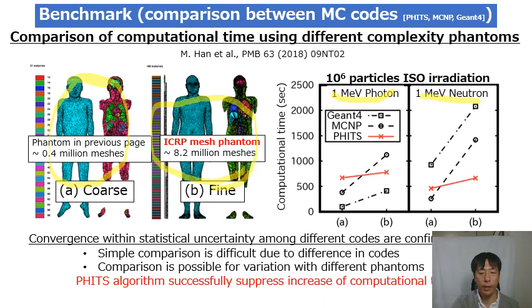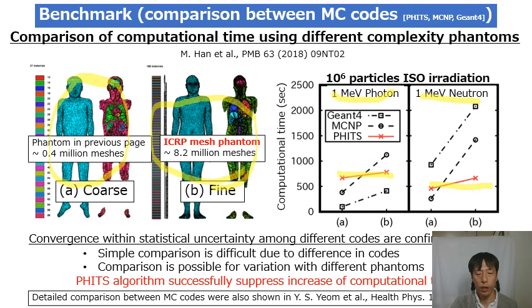As you can see, the PHITS algorithm successfully suppressed the increase of computation time for finer mesh phantoms compared to other Monte Carlo codes. Other detailed comparisons between Monte Carlo simulation codes are also shown in this paper.